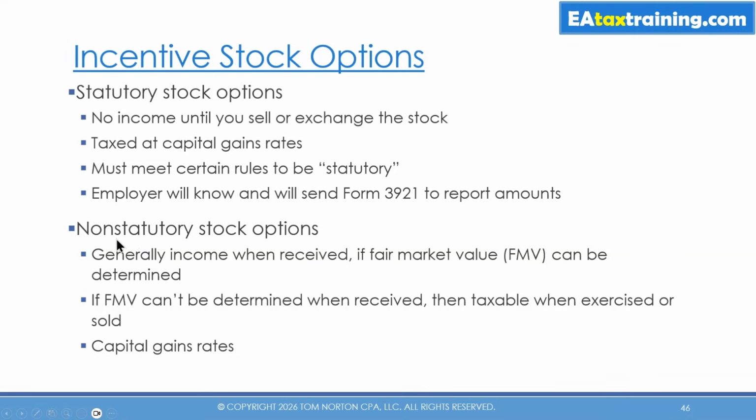If it happens to be a non-statutory stock option, then you do include the value of that at the time you receive the option, as long as that value can be determined. If you can't determine the value, then it is taxable when the option itself is either exercised or sold. In either case, the gain that you ultimately have will be treated as a capital gain.